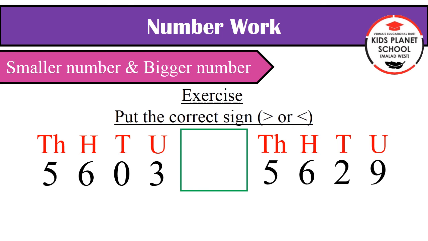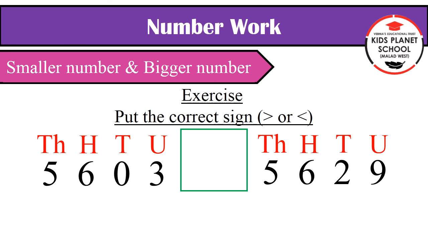In both the numbers, 5 is at the thousands place. So now, we'll compare the digits which are at the hundreds place. In both the numbers, 6 is at the hundreds place.